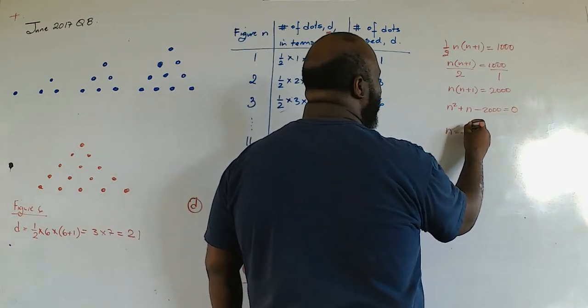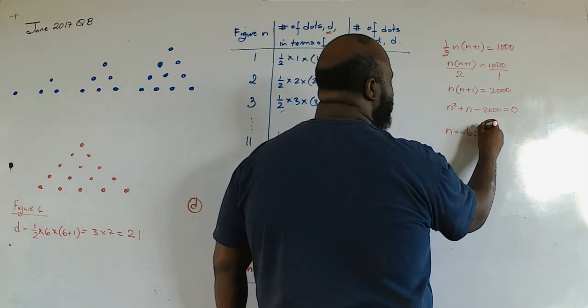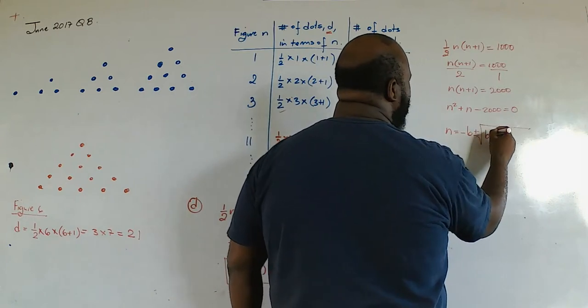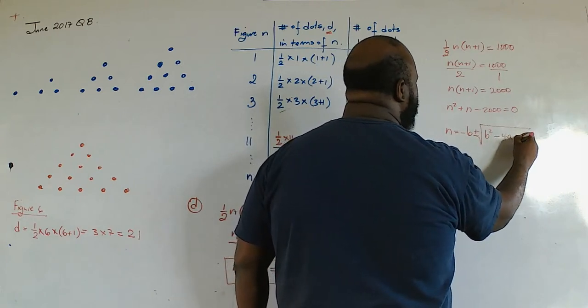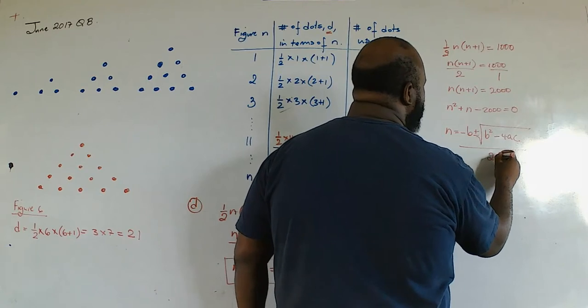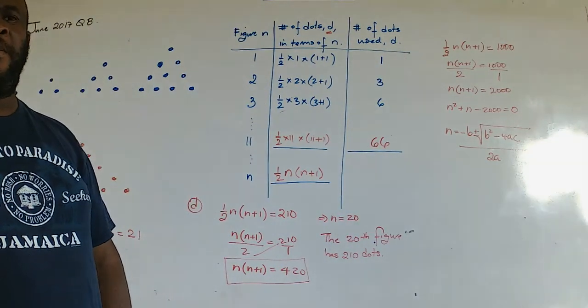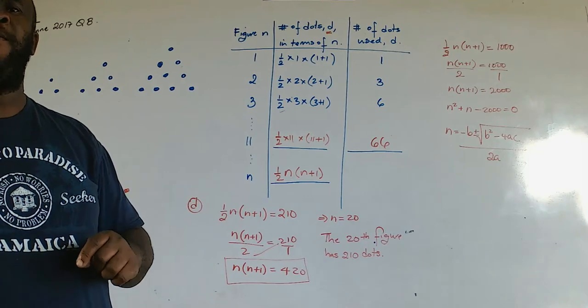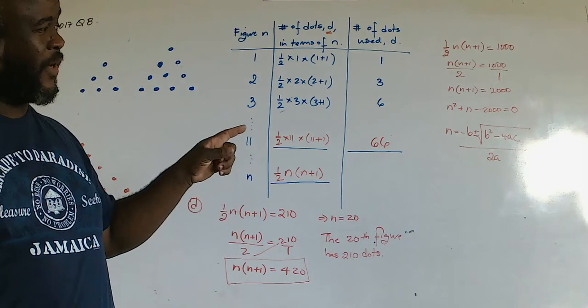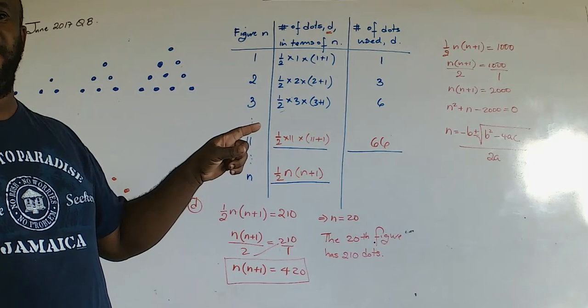n is equal to minus b plus or minus the square root of b squared minus 4ac all over 2a. I'm very happy about this question now, because it's supposed to be a common sense question. Want somebody tell me what is common sense about this?